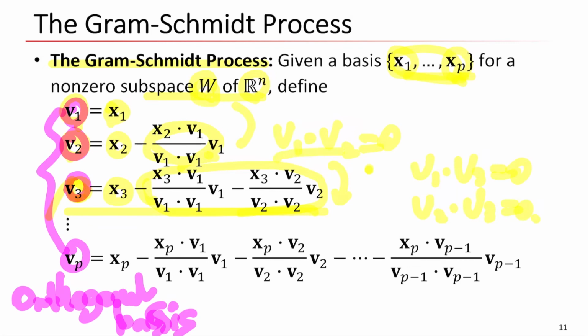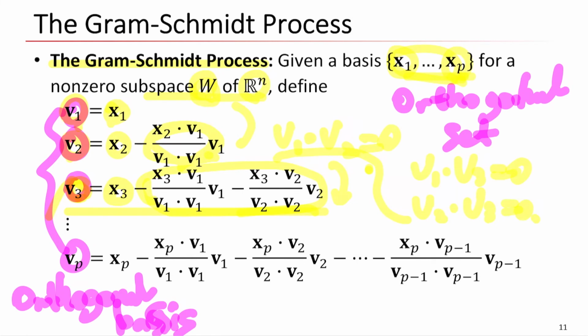So it means that v1 and v2 and v3 are orthogonal to each other, an orthogonal set. So they are orthogonal to each other, right?